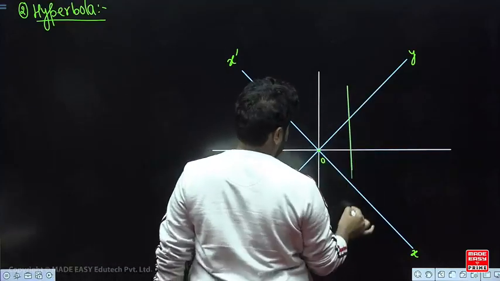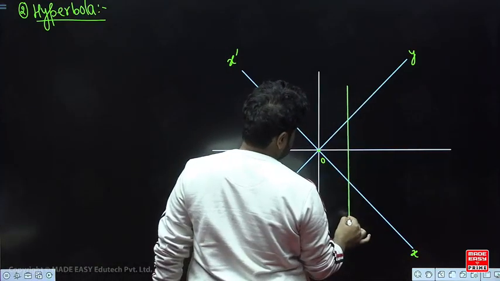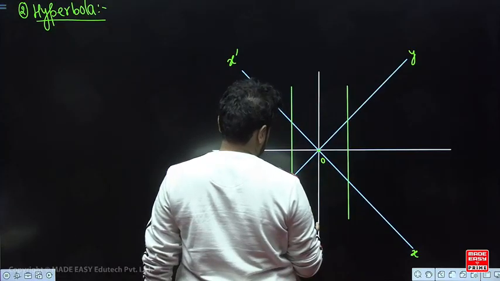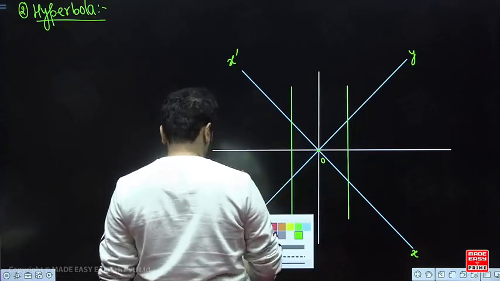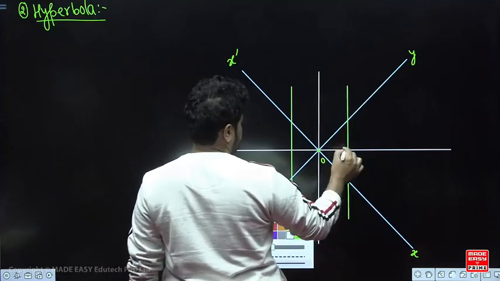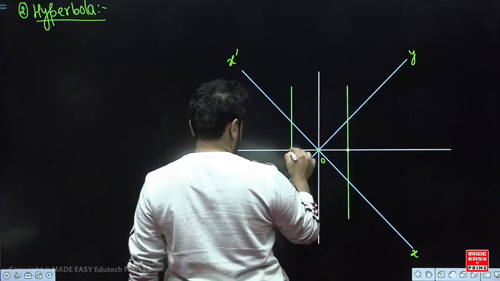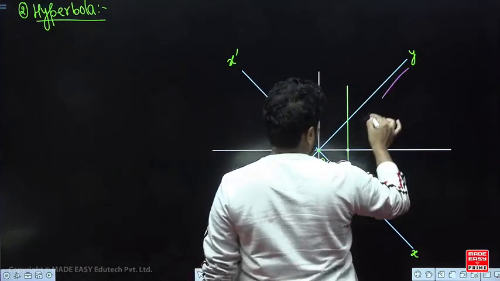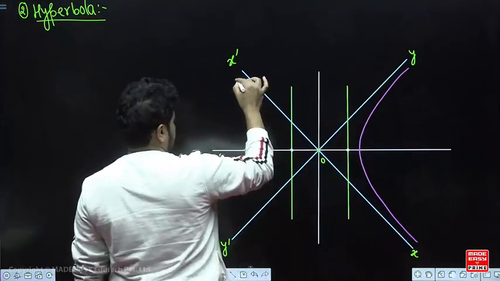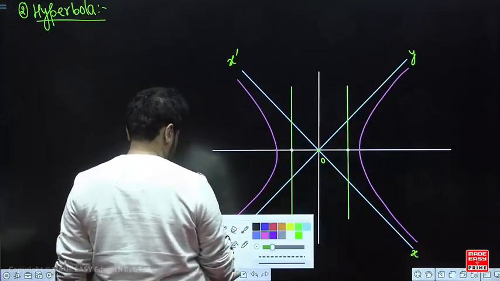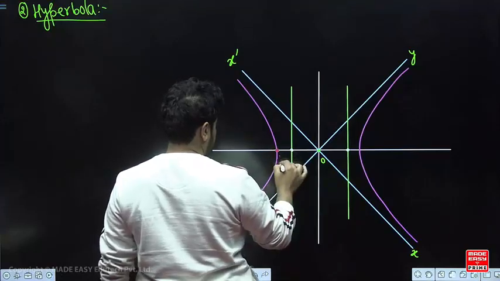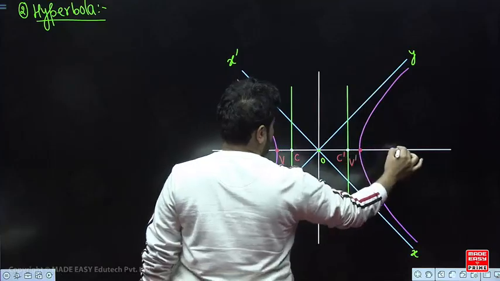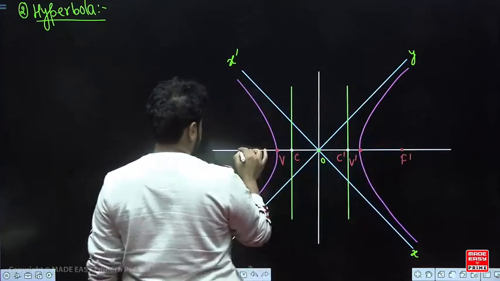Now at any convenient distance, right? So this is a vertex V, this is C, this is C dash, this is your V dash, and let us say there is a focus F dash.